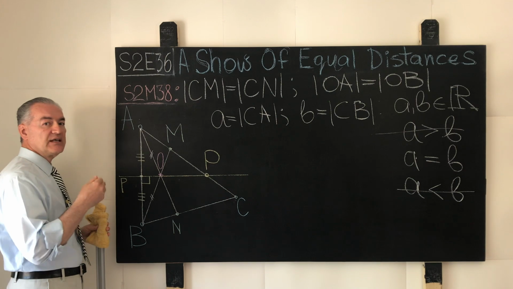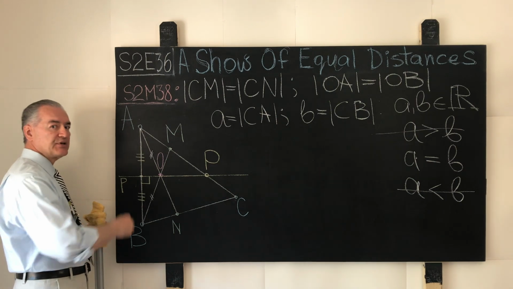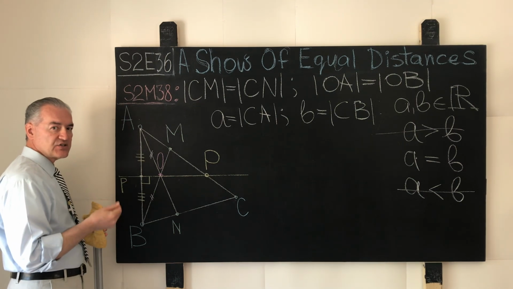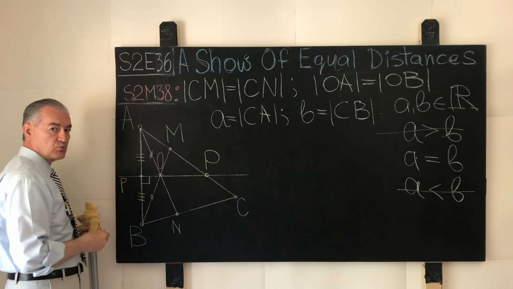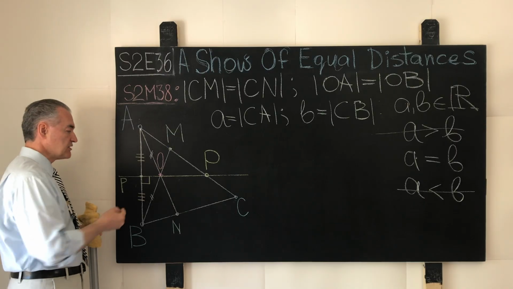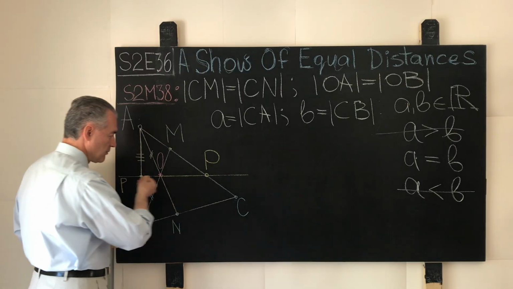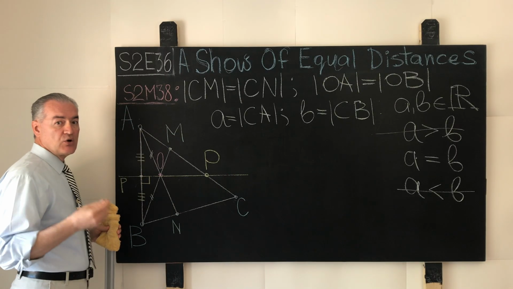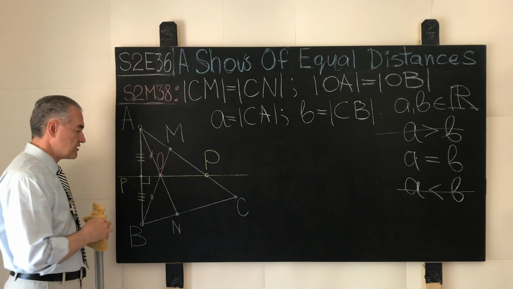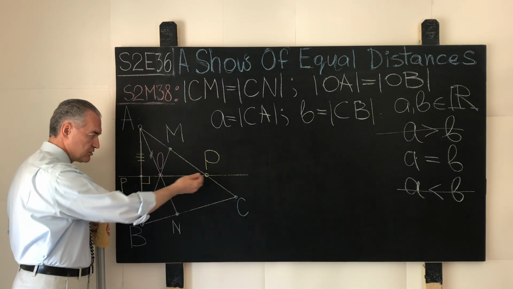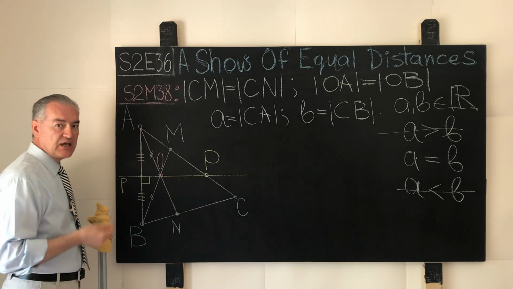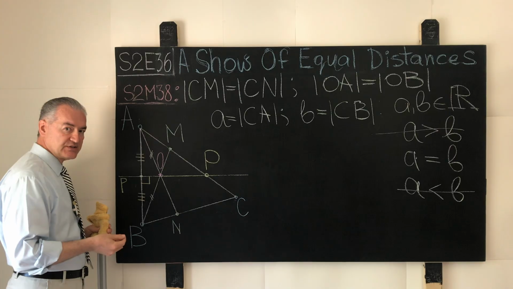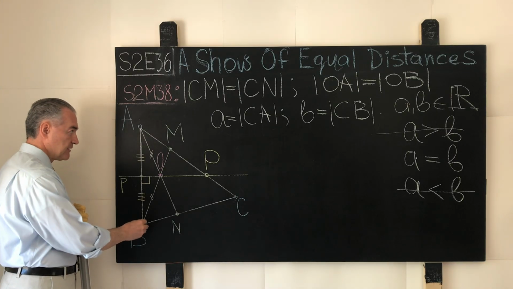And conversely, if a point X in the parent plane is such that the distance from that point to the points A and B is one and the same, then that point necessarily belongs to the perpendicular bisector of that line segment, which is basically another way of saying that the perpendicular bisector p is the set of all points in the parent plane, each of which is equidistant from the points B and A.